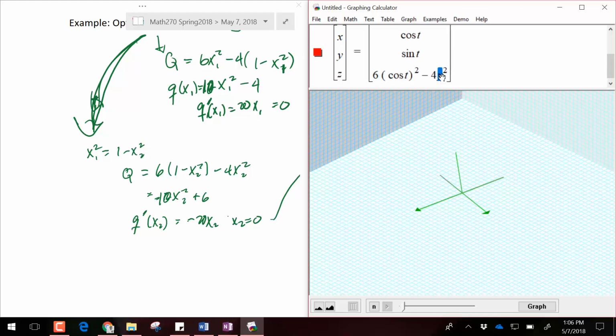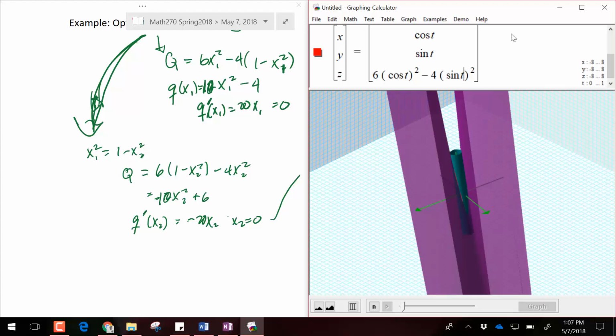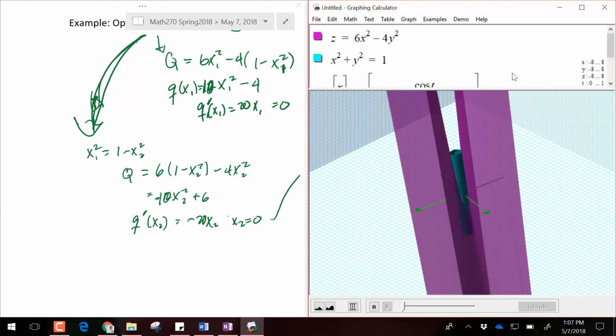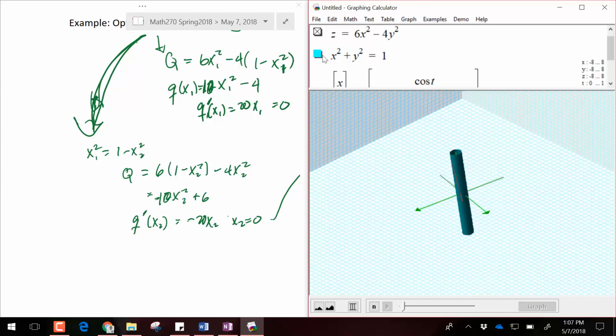So what I'm doing here is replacing the z component of my parameterization with sine and cosine, where x is equal to cosine and y is equal to sine. So I have my parameterized curve. You can't see it yet unless I either make it larger or take away the graphs. Probably should go all the way up to 2 pi as well.